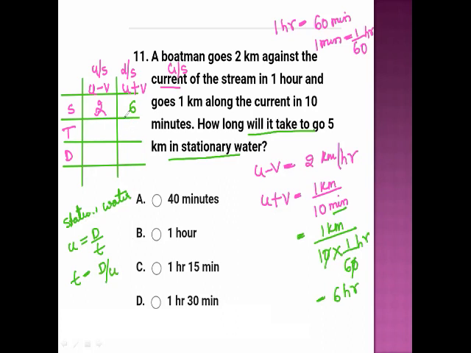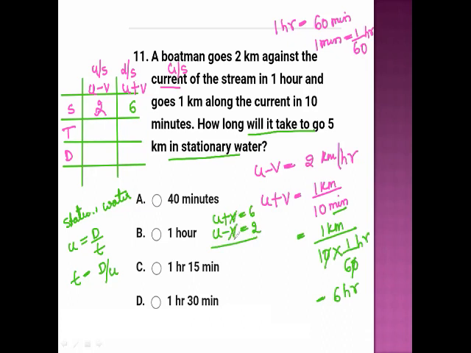First we do not know u, because we know u minus v and u plus v. First we need to find that. So we know that u minus v is equal to 2, and u plus v is equal to 6.